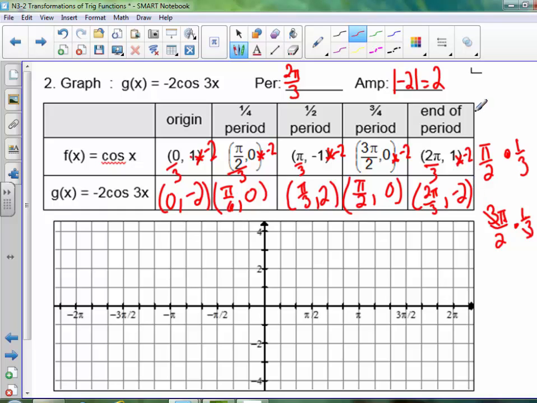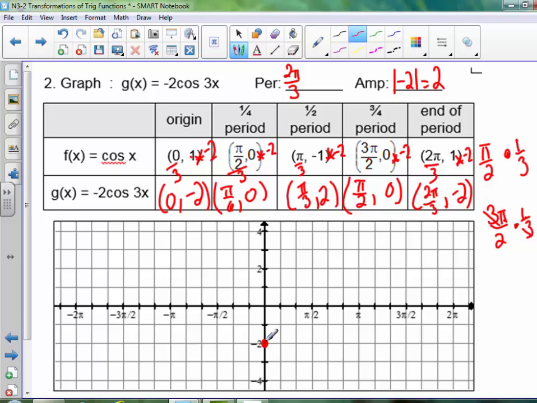Okay, so what we should see is that our period has changed from 2 pi to 2 pi over 3, which means we've had a shrink. It's much smaller. And our amplitude of 2 tells us that we've been pulled up from 1, where cosine was before, and now we're at 2. And the negative out front tells us that we've had a reflection.